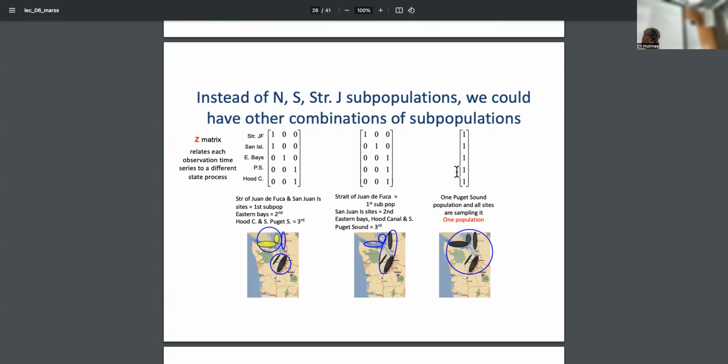So this is the hypothesis that the harbor seals are moving around enough that we might as well treat it as one panmictic population. We can model that by saying that these are all observations of one random walk.